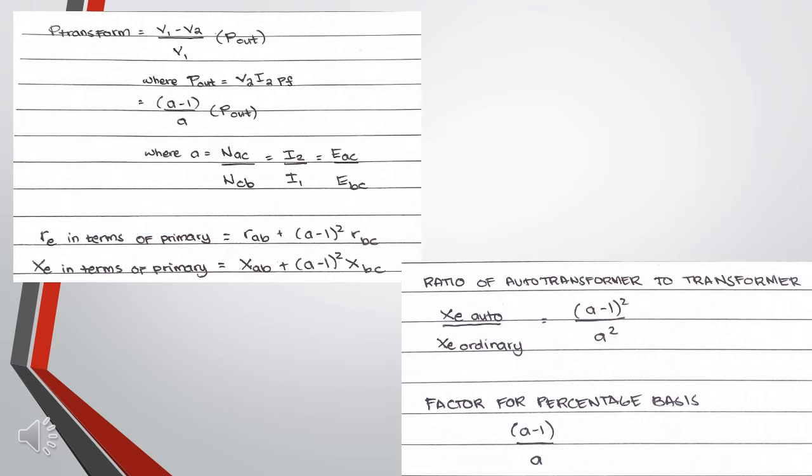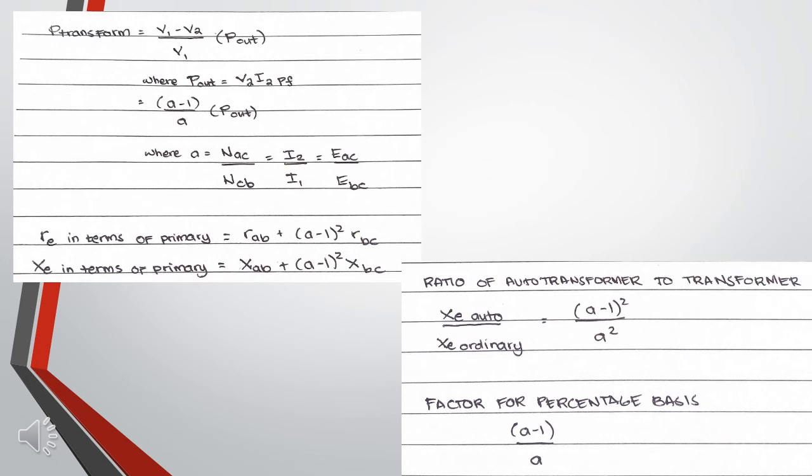Meron rin siyang another alternative formula na kung saan if the voltages are not given, you can use your transformation ratio. So the equivalent formula is equal to A minus 1 all over A times the output power, where A is the transformation ratio in relation to the autotransformer, which is already discussed by the previous reporter.